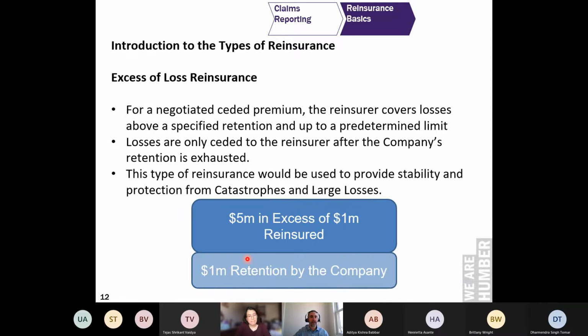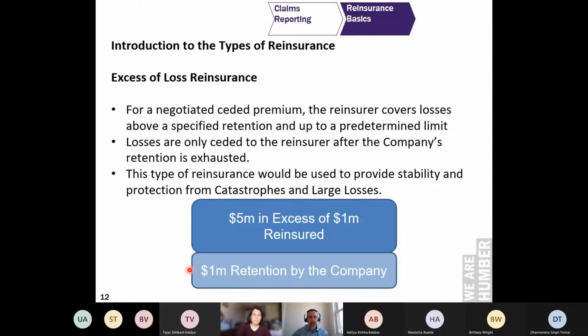Let me just jump to how that's different in the excess of loss scenario, where we stack them. That's how we would illustrate an example of, in this case, 5 million in excess of 1 million. So that's telling us that the first 1 million, if it's 100,000, you read across, it's all retained by the company. There's no reinsurance.